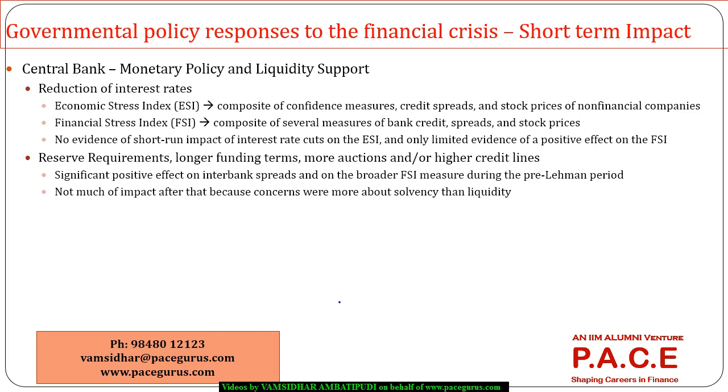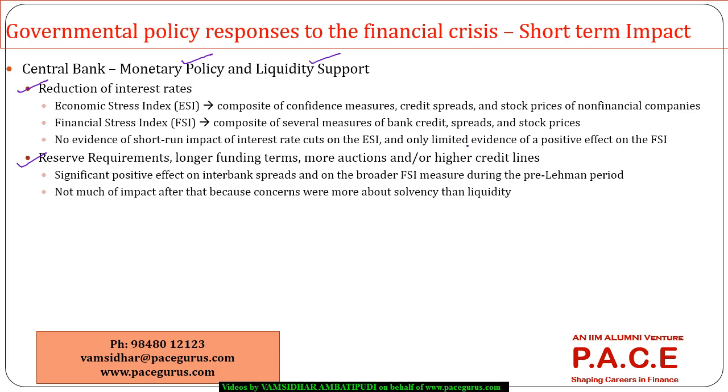Now, looking at this entire crisis, there were so many government policy responses that came out. The central bank came out with some modifications to the monetary policy and the liquidity support. It came out with measures like reduction of the interest rates, reserve requirements, longer funding terms, more auctions, higher credit lines.